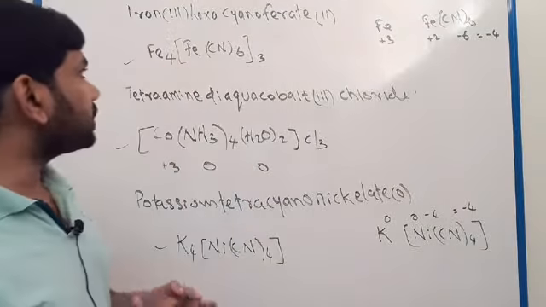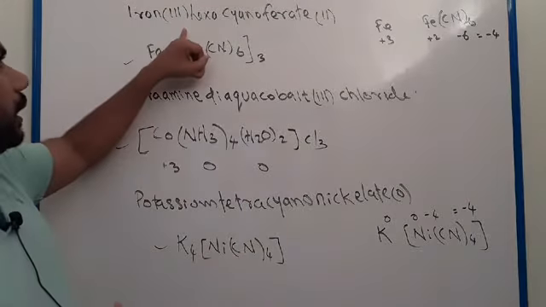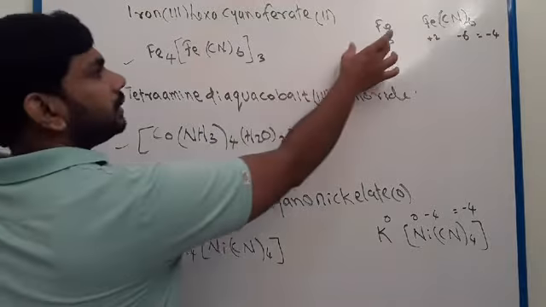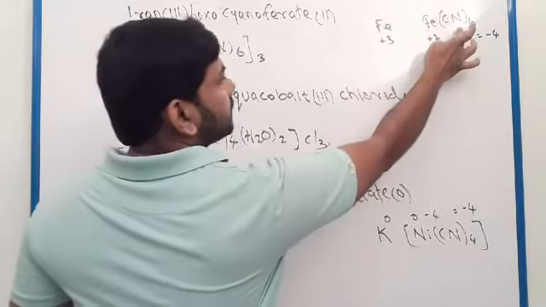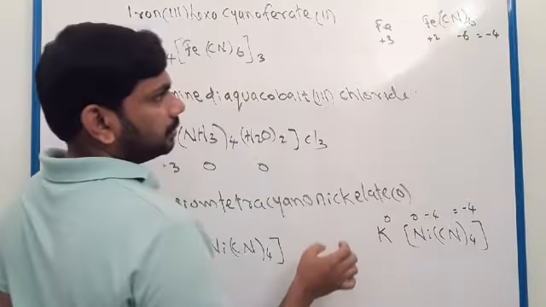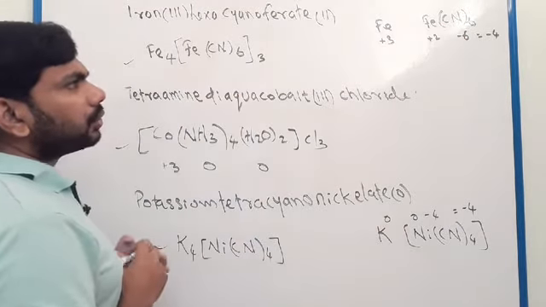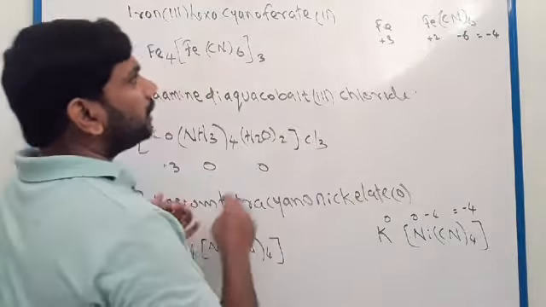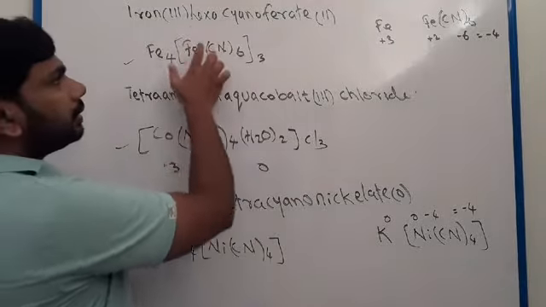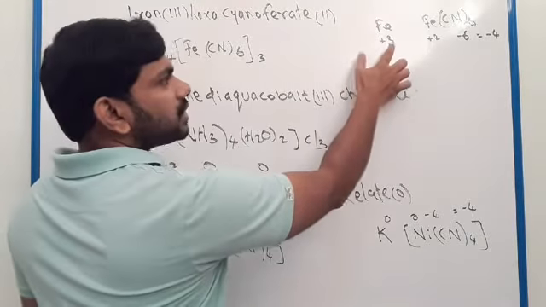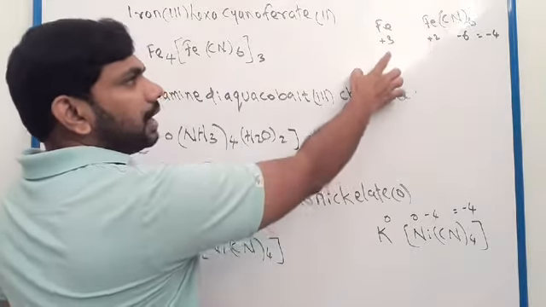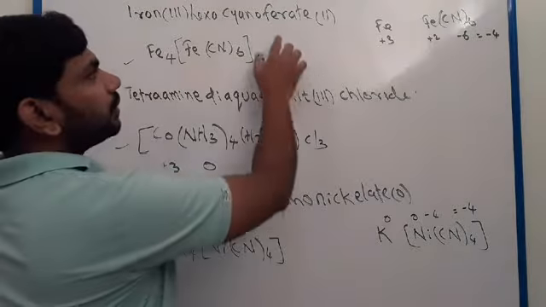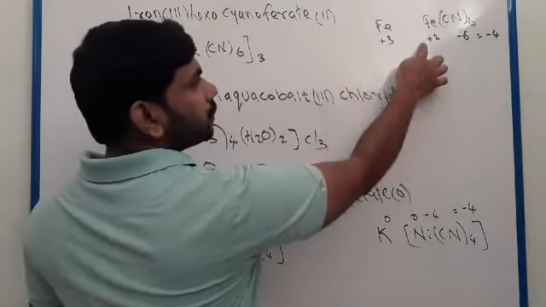Okay, so here the first example, iron(III) hexacyanoferrate(II). Look here, iron and hexacyanoferrate. So here it is given iron 3. The first one, iron, its oxidation state is plus 3, and in hexacyanoferrate, iron is in the plus 2 oxidation state.